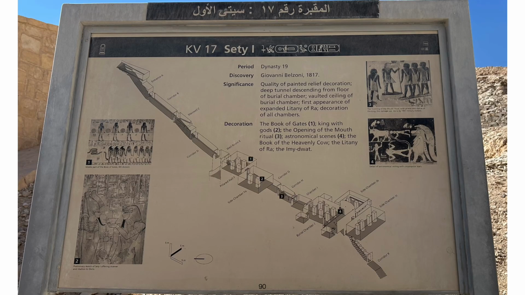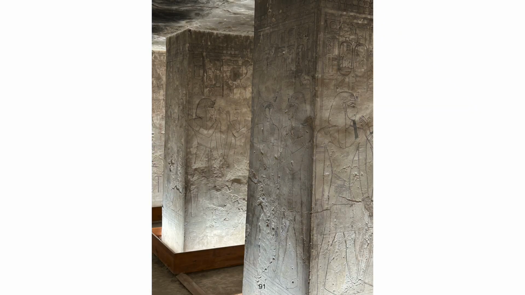And finally, we visited the tomb of Seti I, the father of Ramses II, who is also known as Ramses the Great, which we're going to talk about a little more later. And this was another large tomb. Interestingly, it contained an unfinished room which had unpainted drawings.